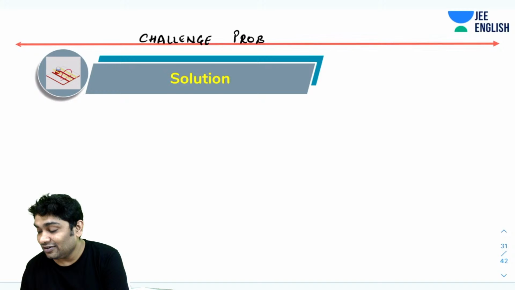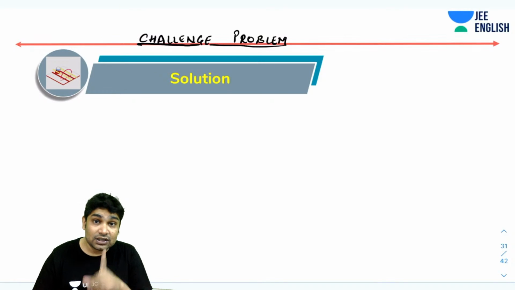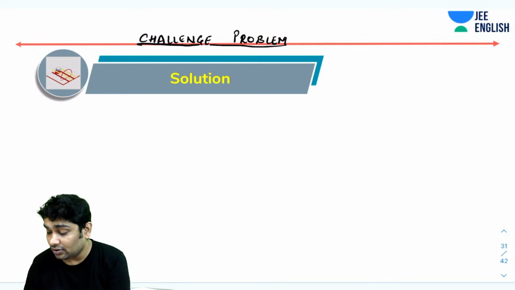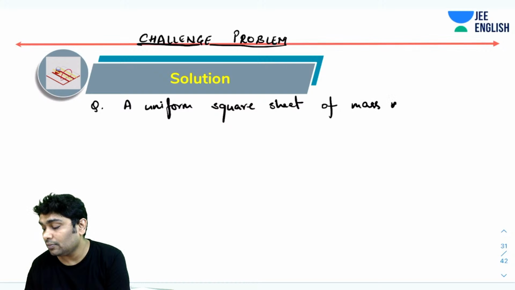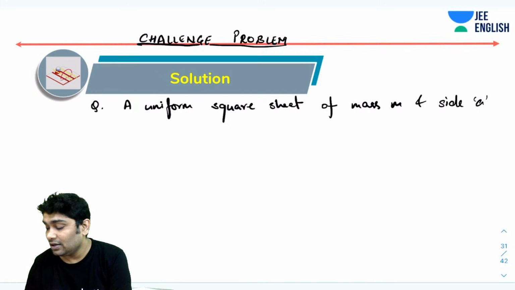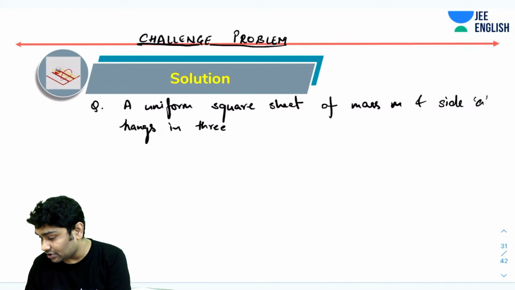So the challenge problem is: a uniform square sheet of mass m and side a hangs in three situations as shown.